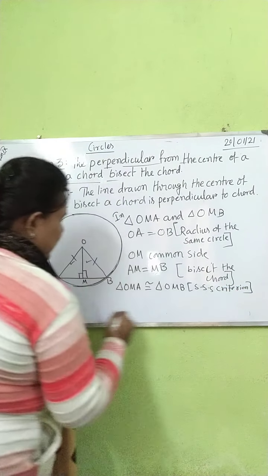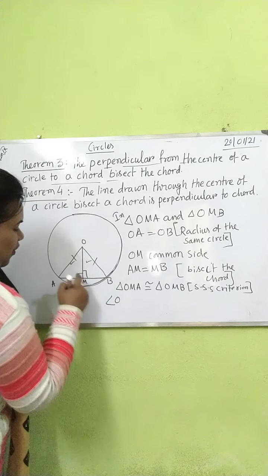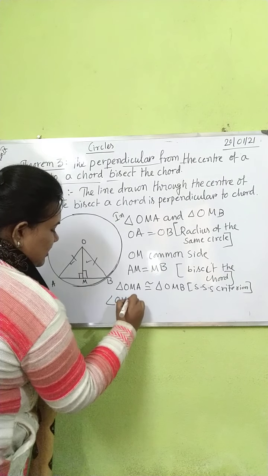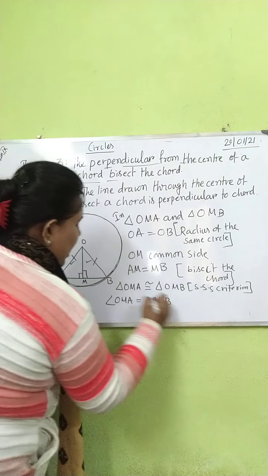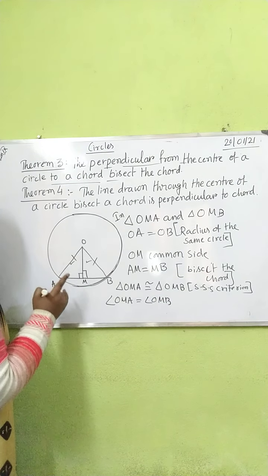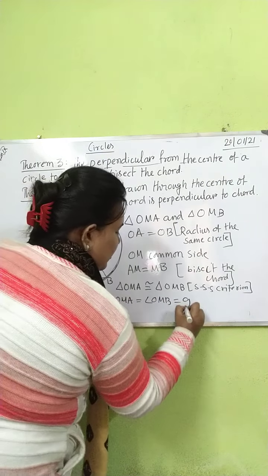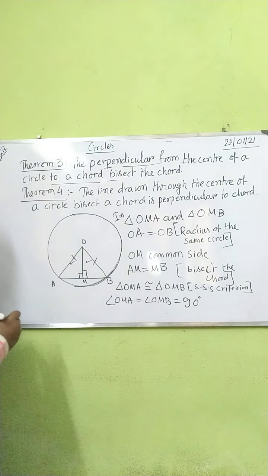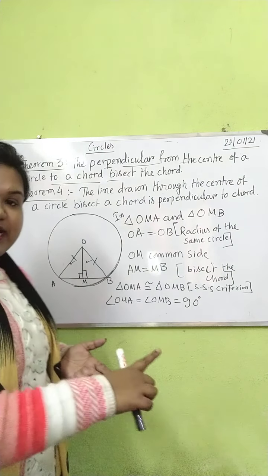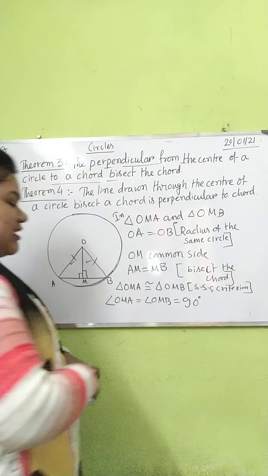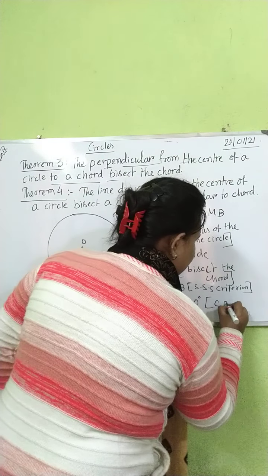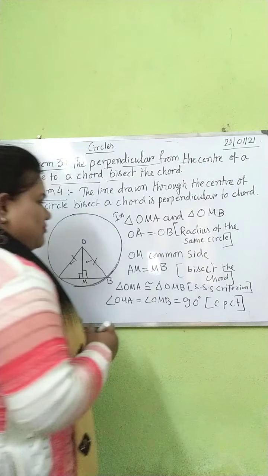So angle OMA is equal to angle OMB, and both are on a straight line. So each is half of 180, that is 90 degrees, because both are the same and on a straight line, and the straight line is 180 degrees. That is CPCT.